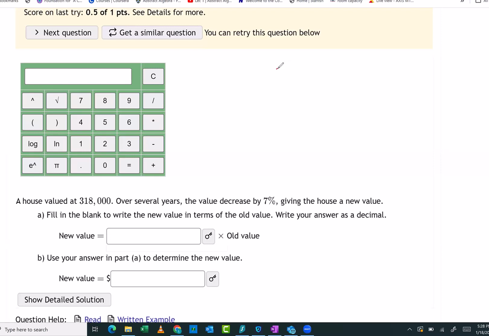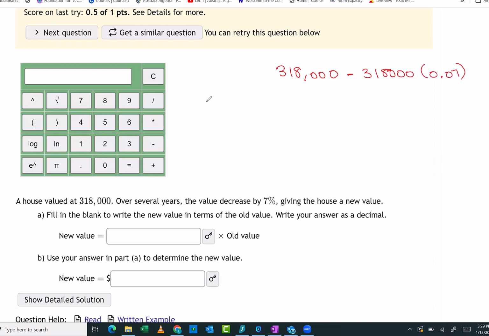So I have 318,000 minus 318,000 times 0.07. That is the new value of the house.